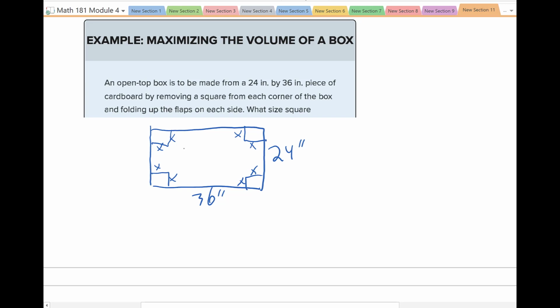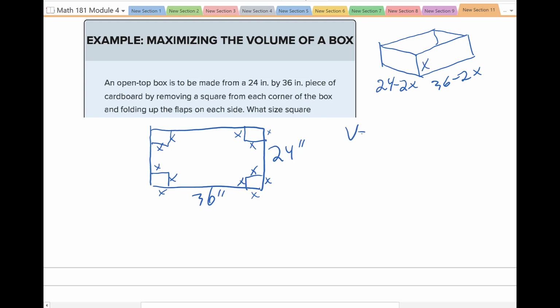If we make a three-dimensional drawing, the smaller side would be 24 minus 2x, since I have x up here and x down here. The other side is 36 minus 2x, and the height is x.